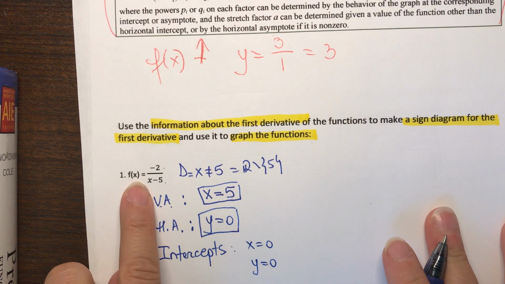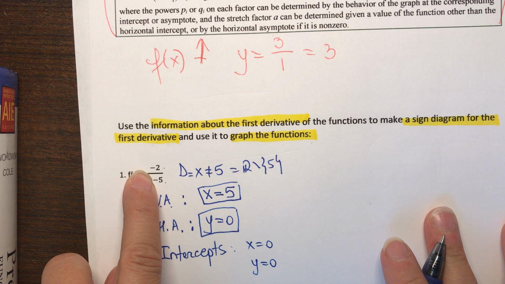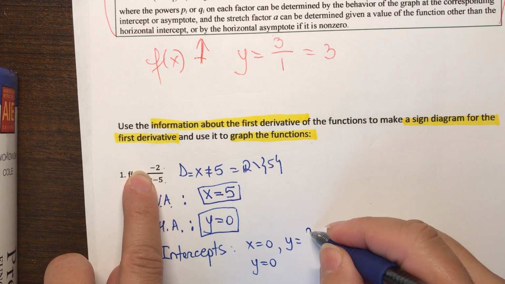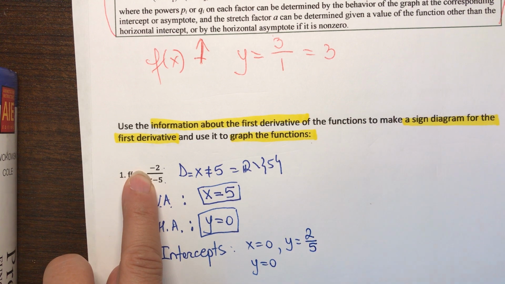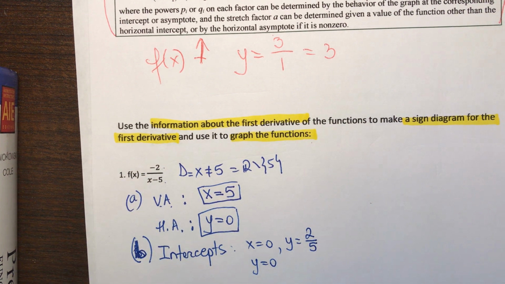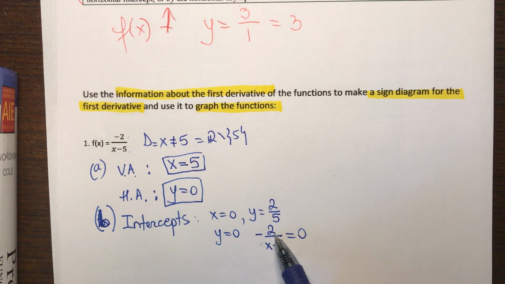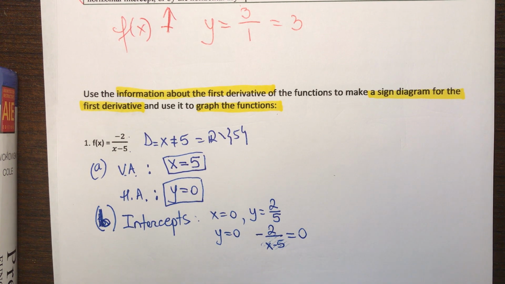So if I make x equal to 0, I'm going to get that y is equal to negative 2 divided by negative 5. Well, that's a positive 2/5, yes? To make y equal to 0, that means your fraction is going to equal 0. As I keep saying, a fraction can only equal 0 if the top is 0.